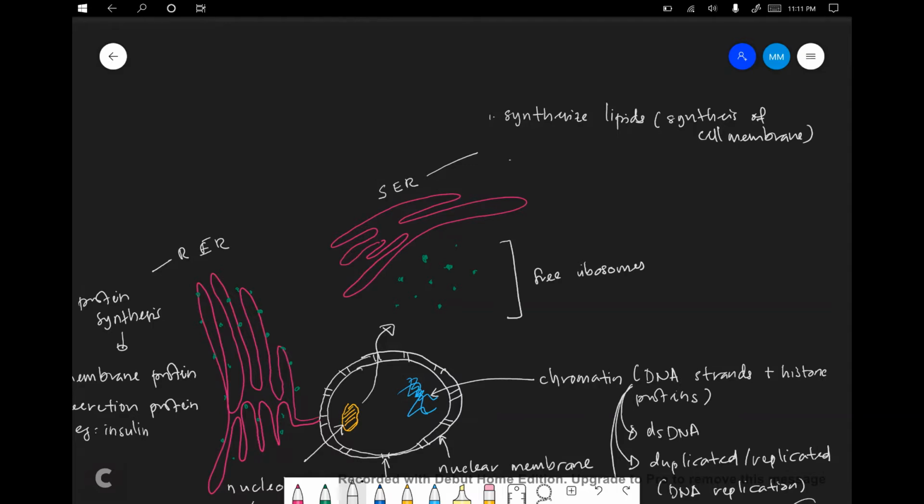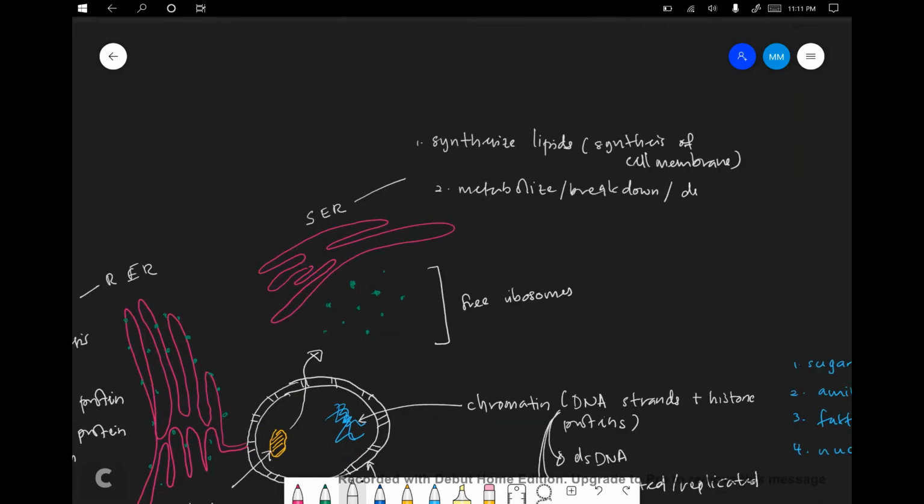Alright, next, what is the function of the smooth endoplasmic reticulum? It is also responsible to metabolize, or to break down, or to detoxify. These are all the same target.